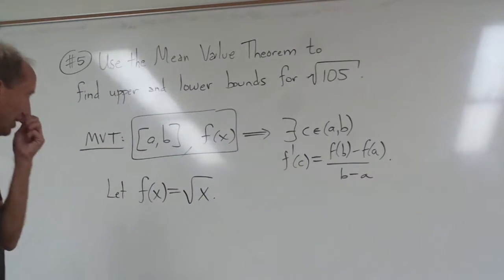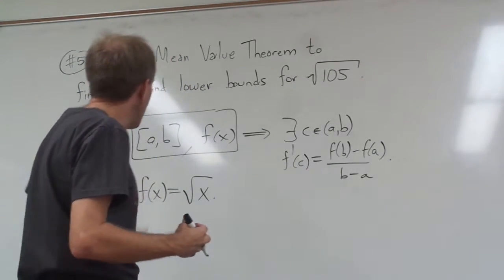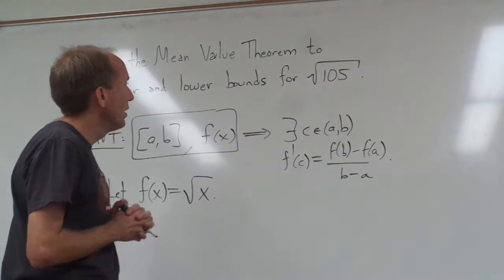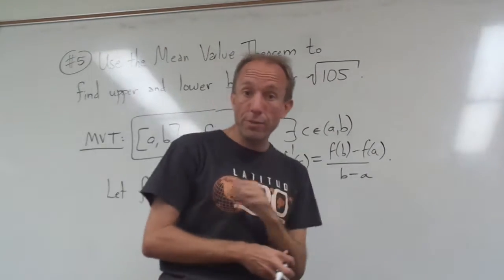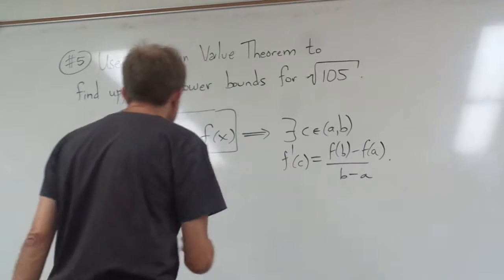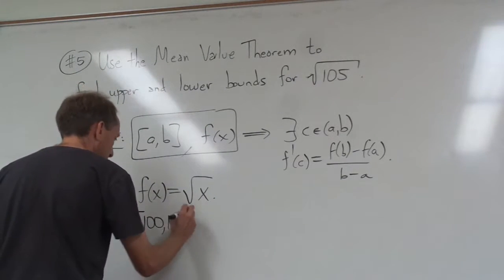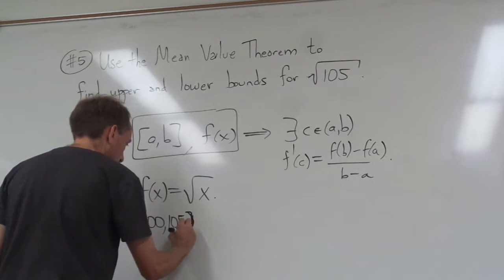Okay? And now we need to make an interval out of this problem, an interval [a, b]. The square root of 105 is fairly close to the square root of 100. So I'm going to suggest that we use the interval from 100 to 105. Make that a closed interval.